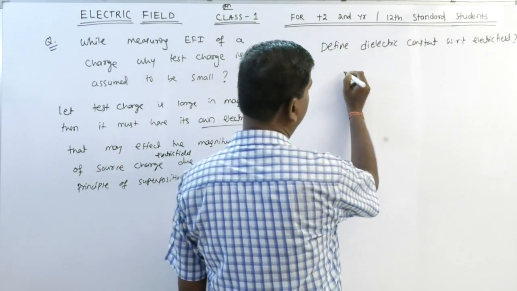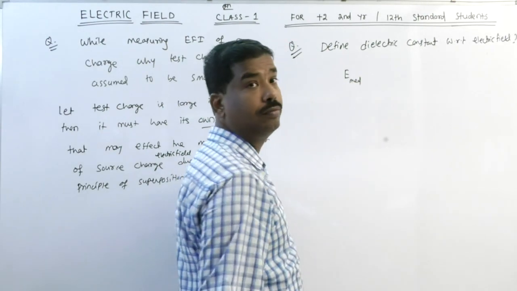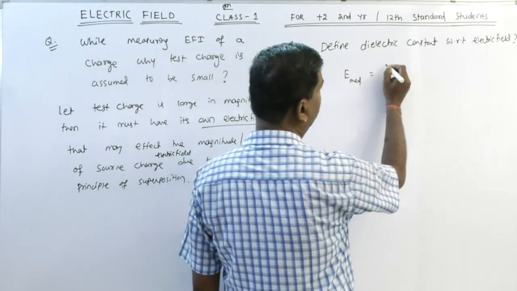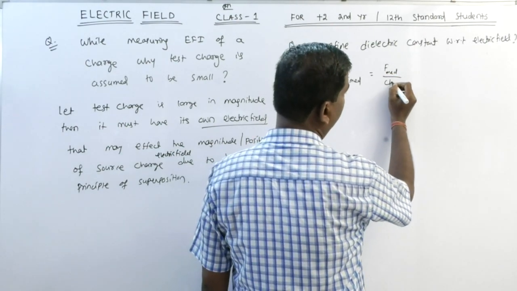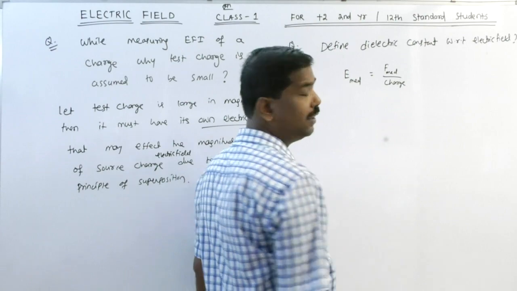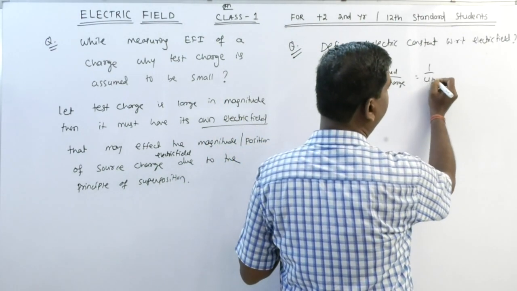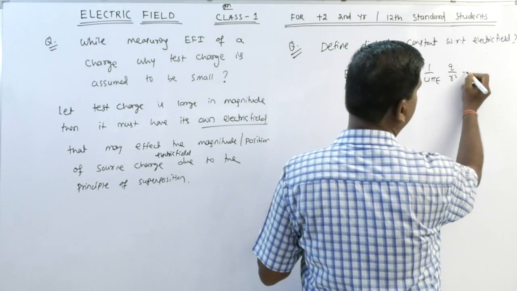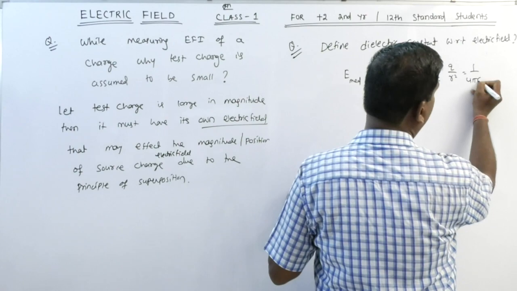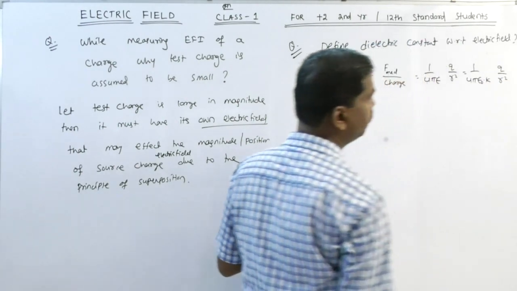Like this force, we can take electric field in a medium. Force in medium by charge or test charge, if you take it, is found to be 1 by 4 pi epsilon q by r square, or I can write it as 1 by 4 pi epsilon 0 into k, q by r square.